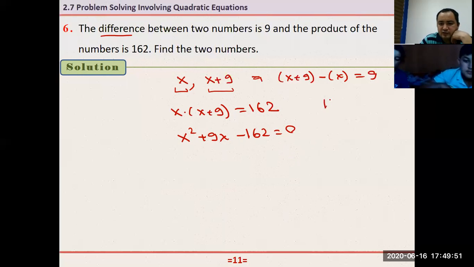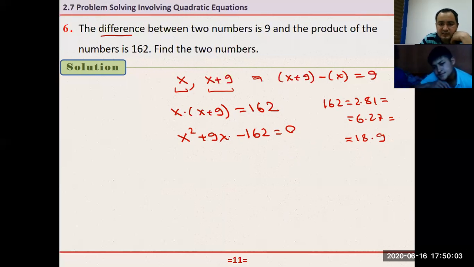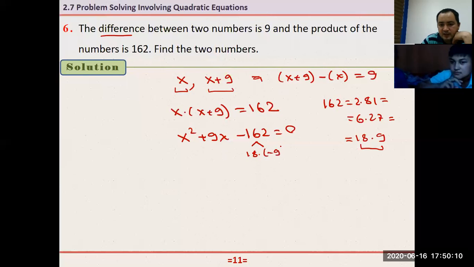And 162, I can write it as 2 times 81, or 6 times 27, or 18 times 9, right? As you see here, in which case the difference is 9? Here, the difference is 9. So the first number is 18, the second number is minus 9, and their sum equals 9.